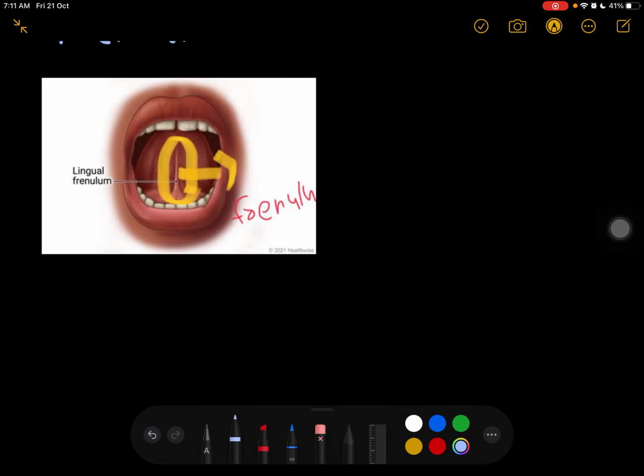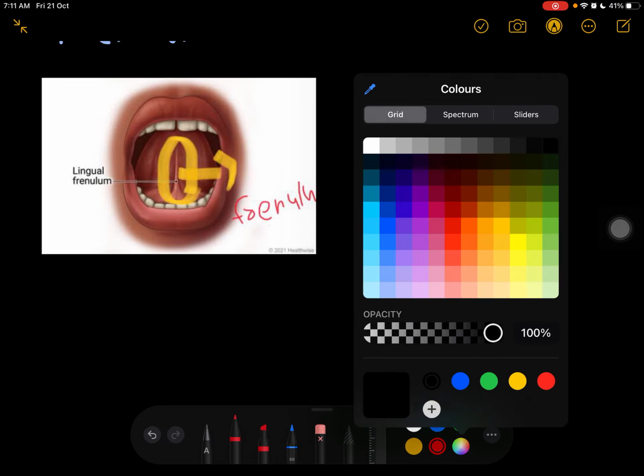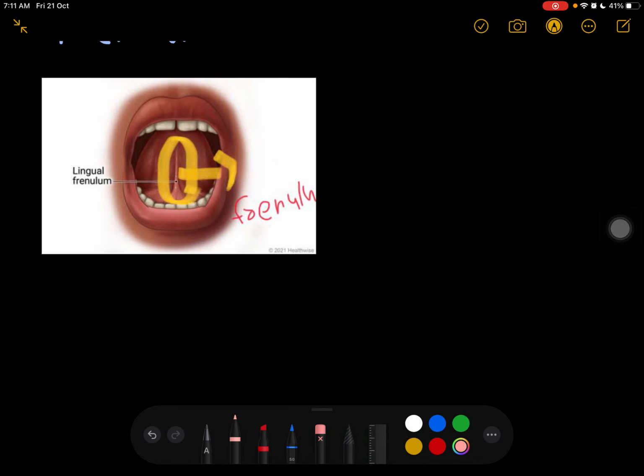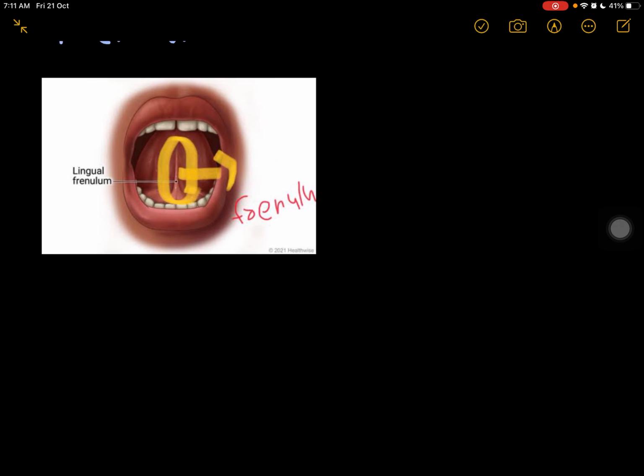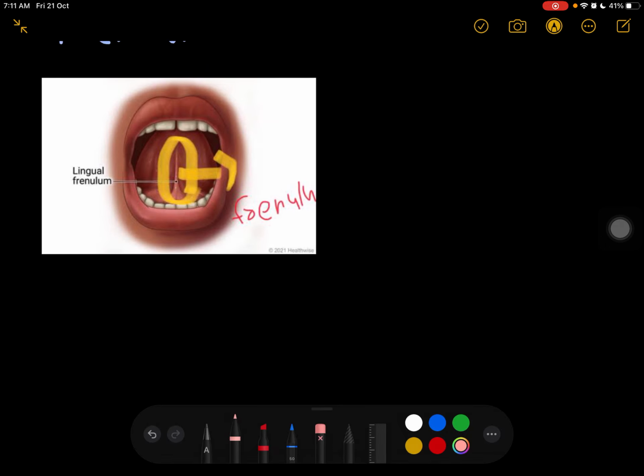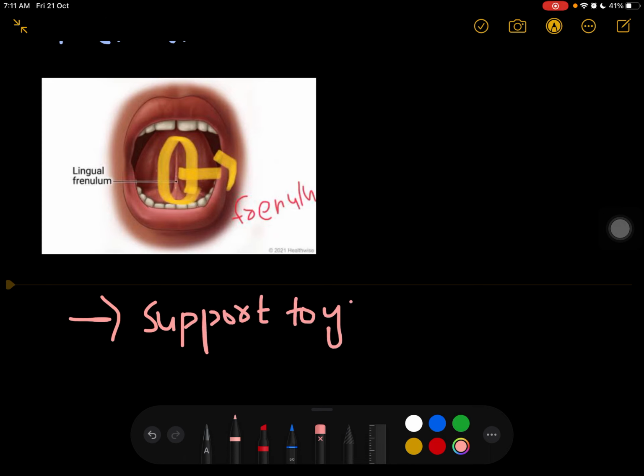So what is the function of this frenulum? It provides support to your tongue, right?